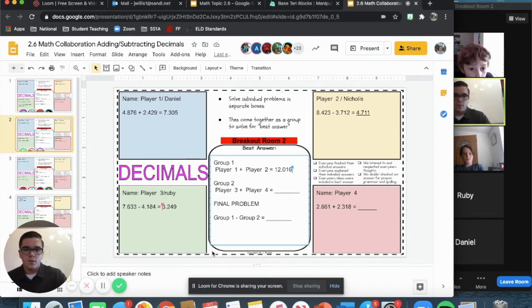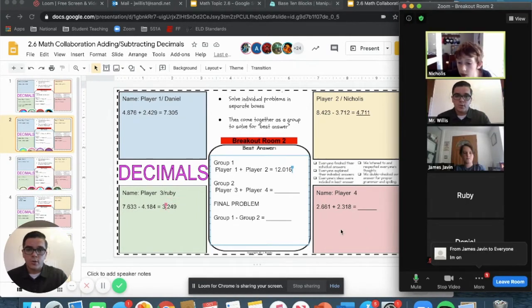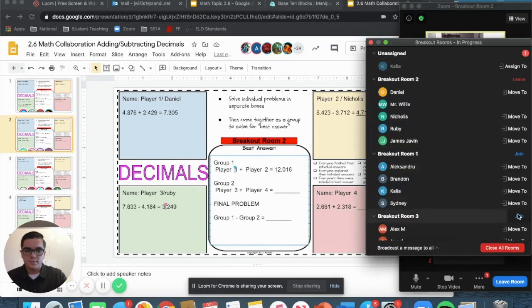Okay. We already did it. I see your answer. I don't see the equation in the middle. And then if Javin's choosing not to participate, then somebody, I need you doing your red square, Javin. I'll be back to check on you guys. I'm going to go see the other rooms.